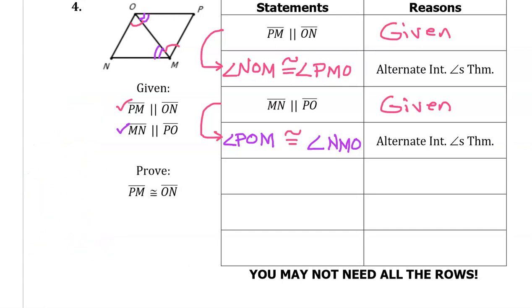So we can go ahead and mark this shared side. And this is side OM. So in the proof, we will write segment OM is congruent to segment OM. Whenever you write that something is congruent to itself, the reason is the reflexive property.